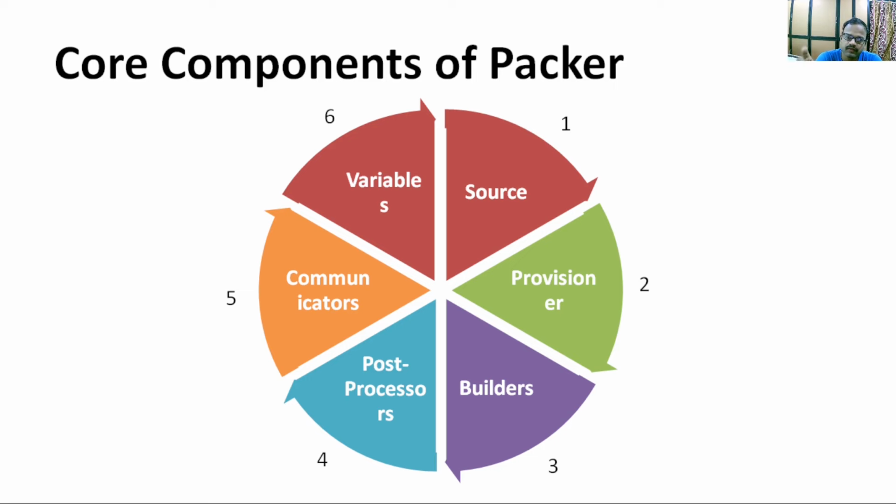That's it. If you are taking a base image from AWS, you are working in AWS, your workloads are in AWS, and you want to migrate or explore some other cloud, you don't want to start from scratch. You want to start from where you left off in AWS. In that case, simply take Packer, write a Packer file, taking the base image of AWS and the cloud you want to migrate to or work with.